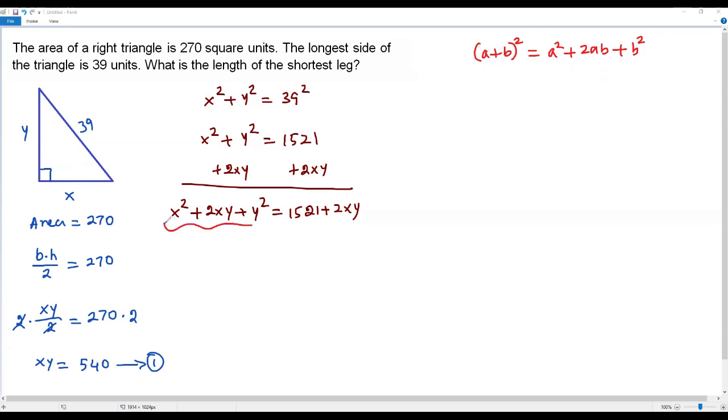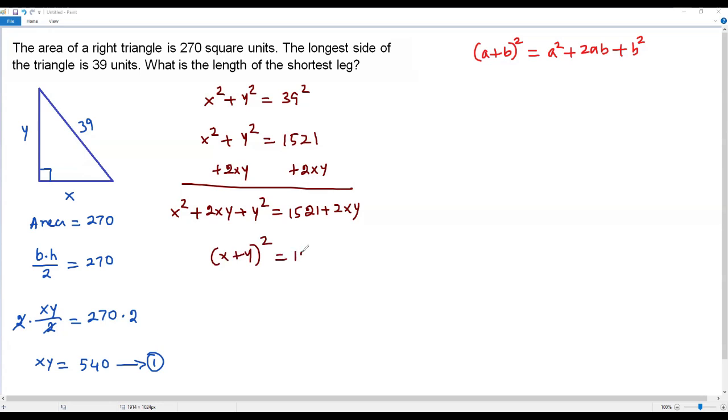Now consider the trinomial we have here, x squared plus 2xy plus y squared. This is exactly in the form a squared plus 2ab plus b squared. Instead of a we have x, instead of b we have y. So for this trinomial we write x plus y the whole squared. We just have to replace a by x and b by y. Then I am getting x plus y the whole squared for this trinomial.